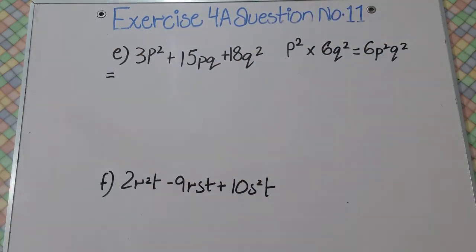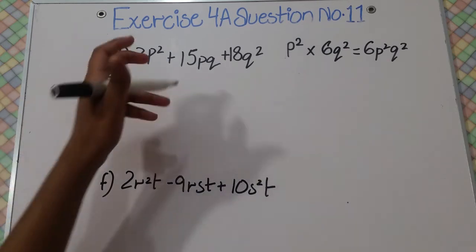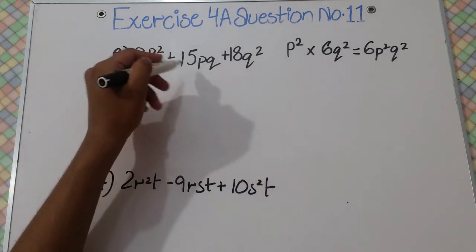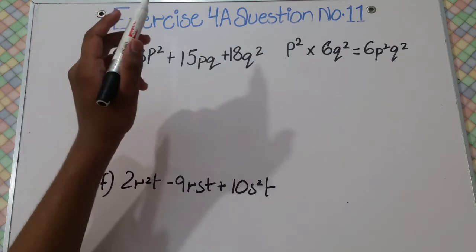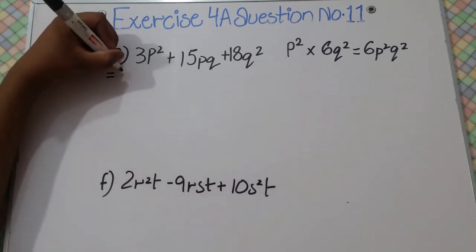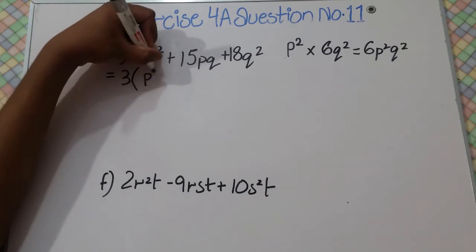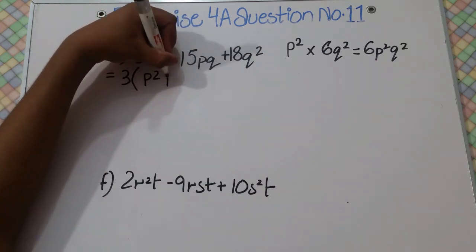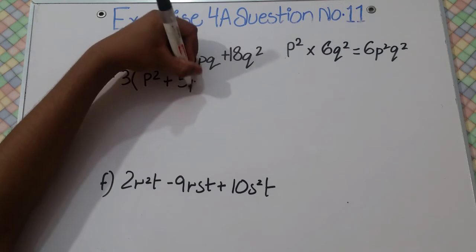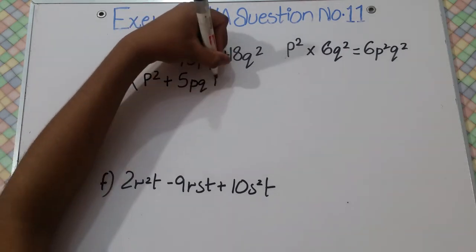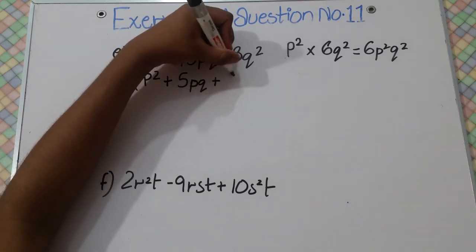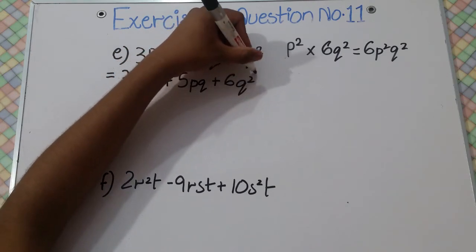Now we need to find numbers which by multiplying give 6, and by adding or subtracting give 5. After division this 15 has been converted into 5. I am going to write 3 is common, and then p square plus 5 pq plus 6q square.